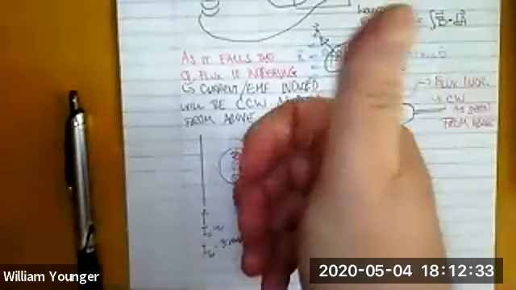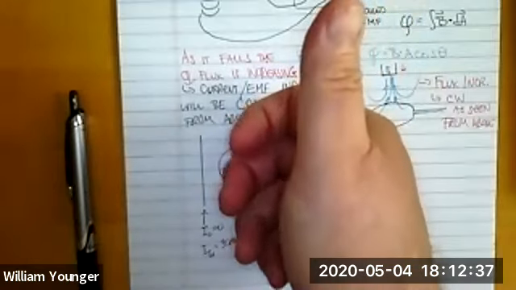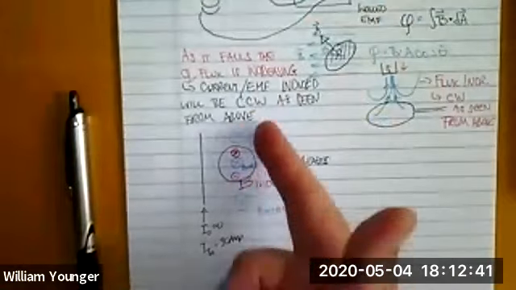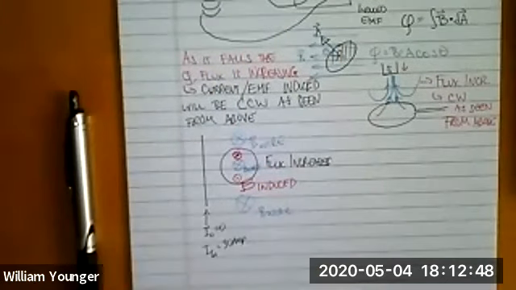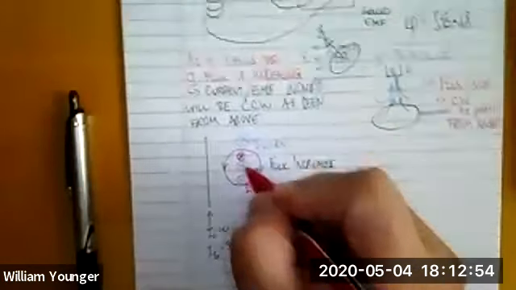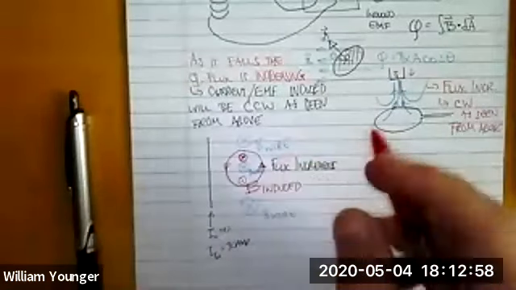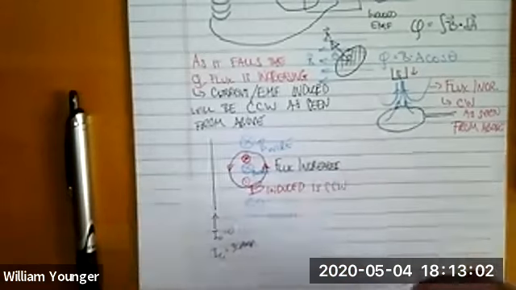If you grab this with your right hand, such that your finger in the middle of the circle is pointing out, do you see that the current's going up on this side and it has to go down on this side? Is that clockwise or counterclockwise? Counterclockwise, yes. So that's the answer to that one. So the induced current is counterclockwise.